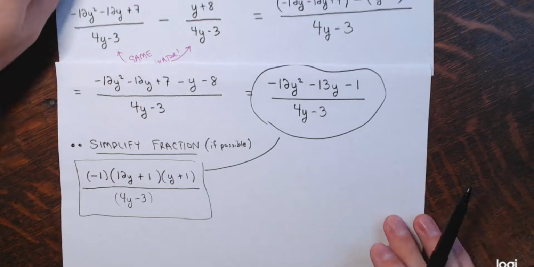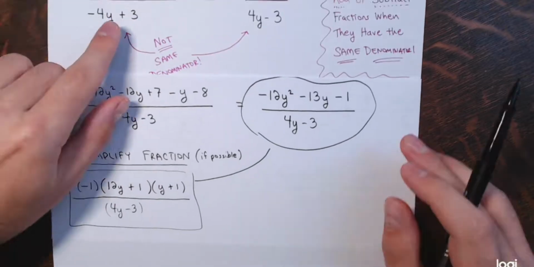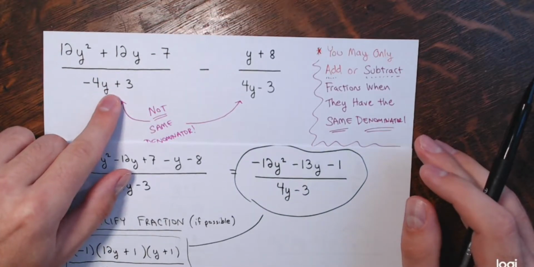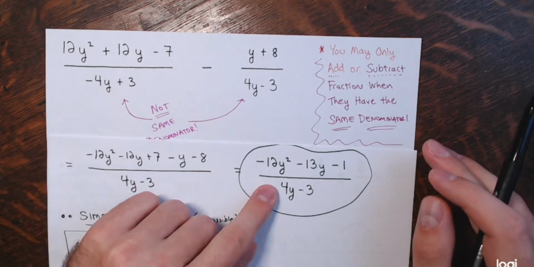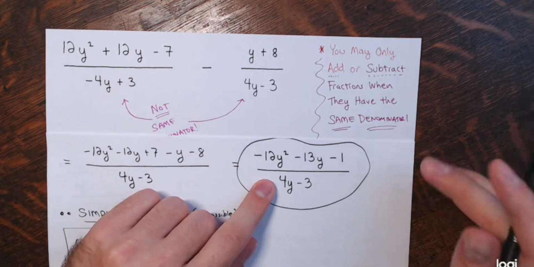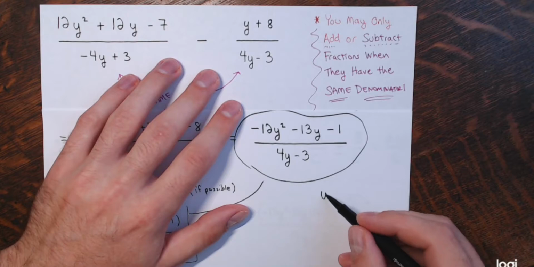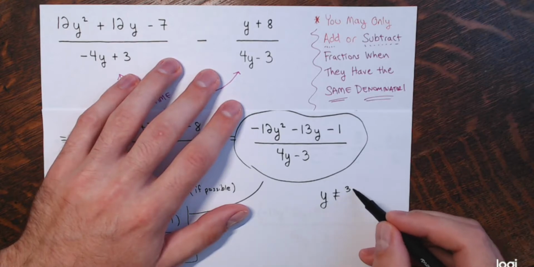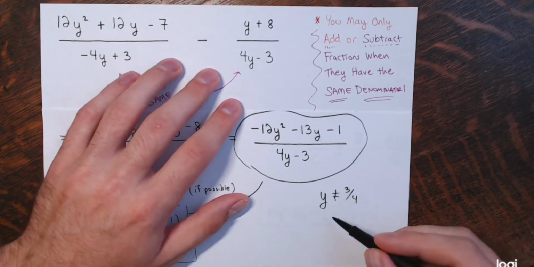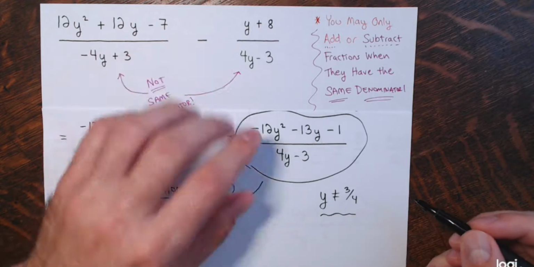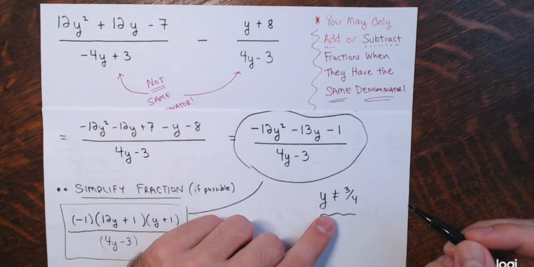So that original difference we were given, way back up here, is equivalent to this fraction here for all values of y except 3/4. I like doing this, you've seen me do this in other videos. I like to state the values that the variables can't be replaced with.